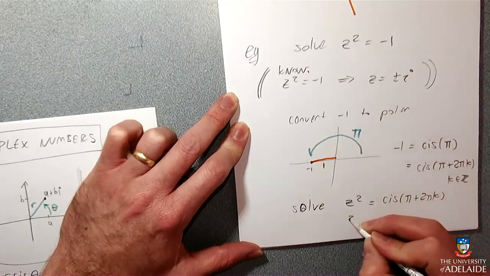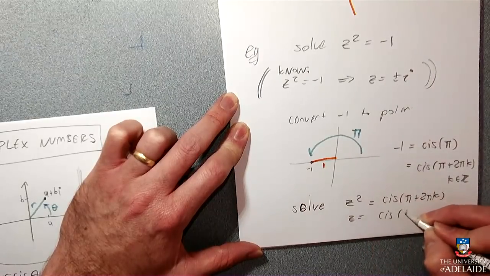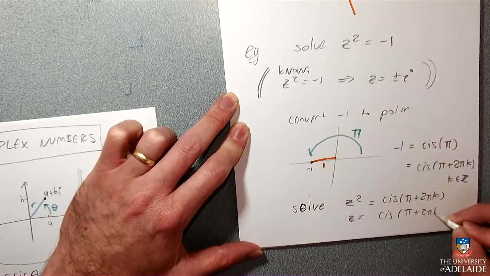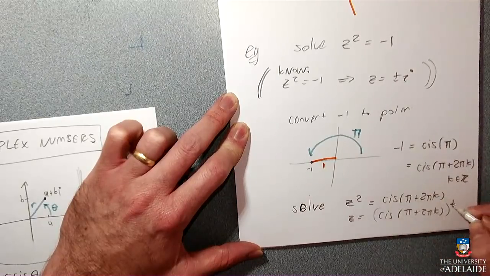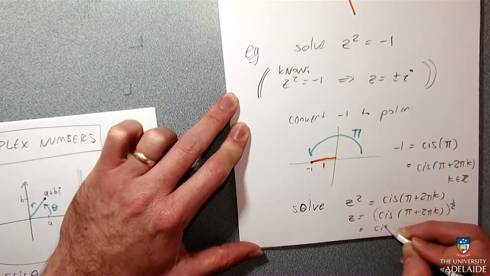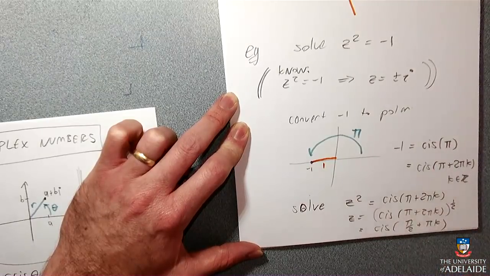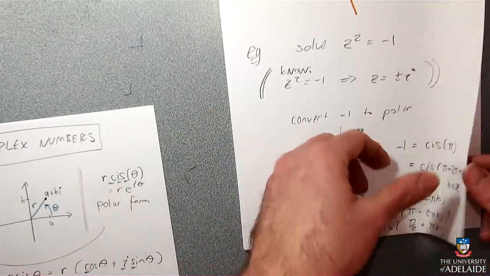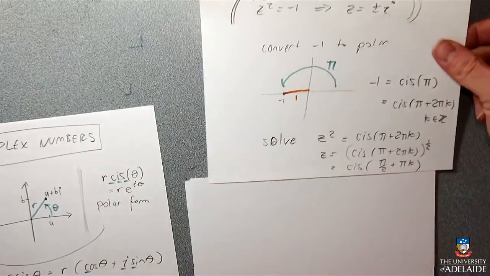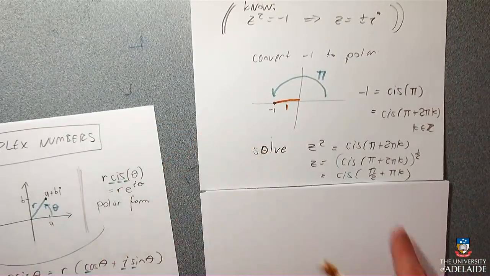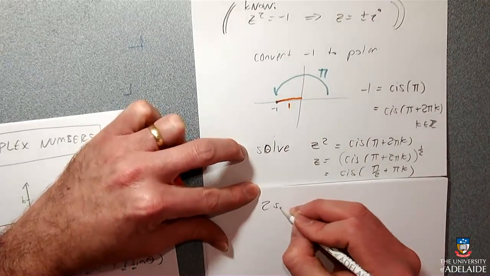Which means the z must be this to the half, which means it must be half of this, like that. And there's only going to be two solutions, because every time I get an even number, it'll be adding 2 pi. And so we get two solutions.